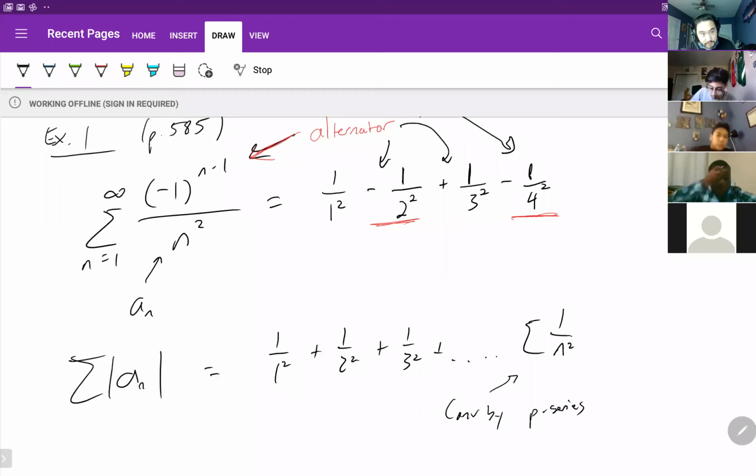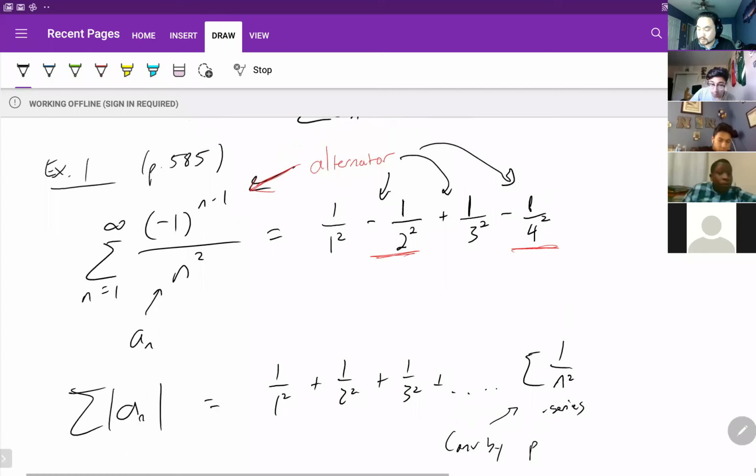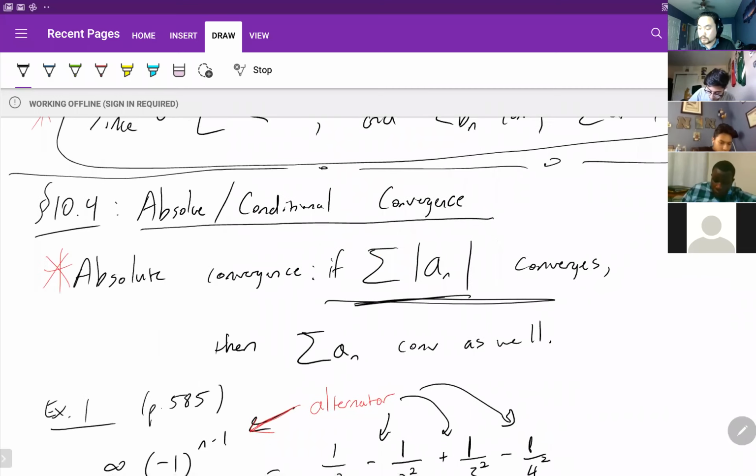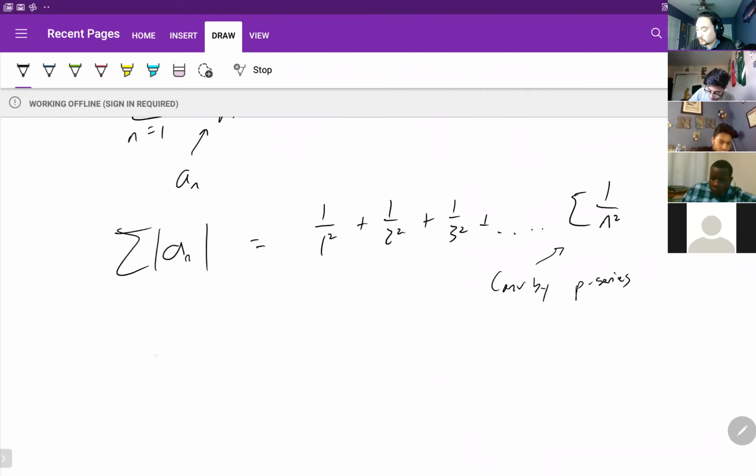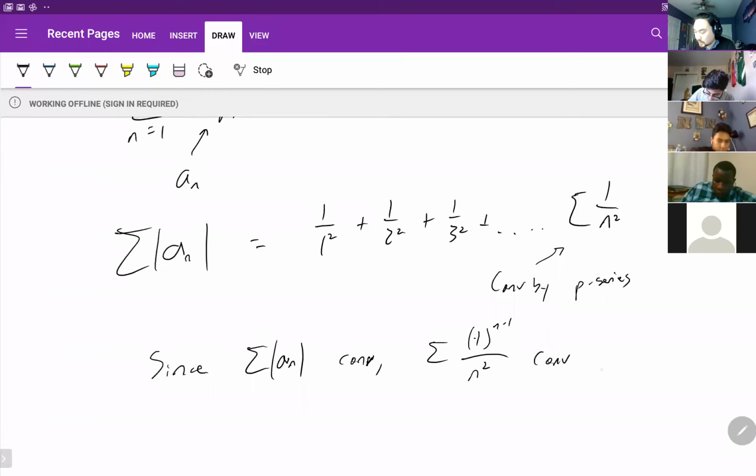So using this in conjunction with the definition I just said above, since the absolute value converges, the sum of negative 1 to the n minus 1 over n squared converges absolutely.